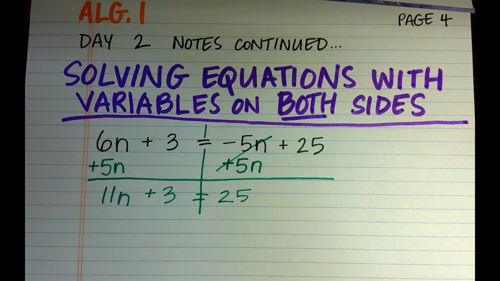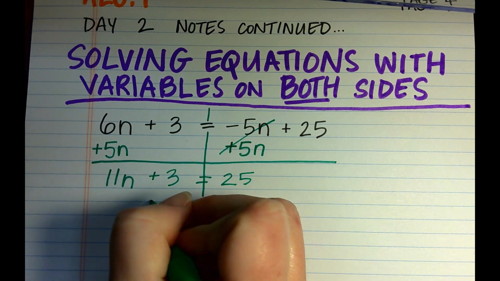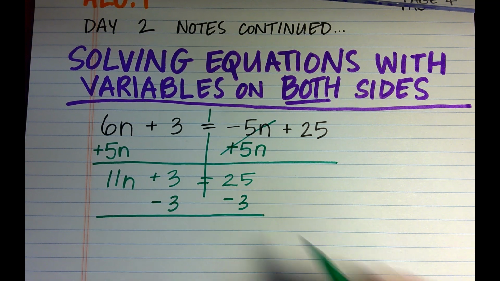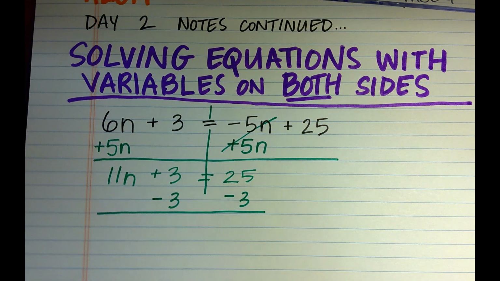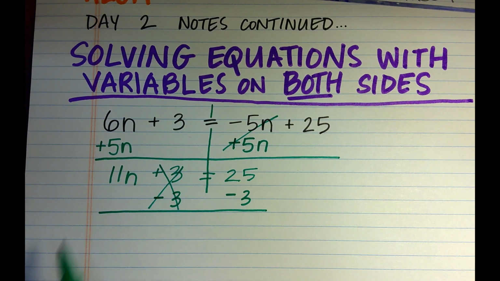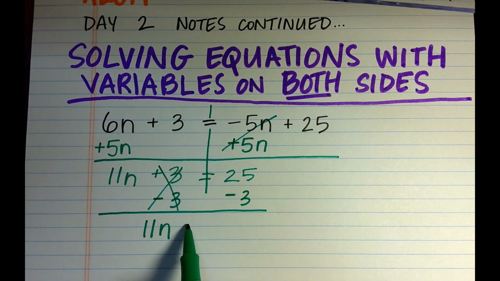Okay. So now I have an equation where all my variables are on the same side. What do I do next? Subtract 3 from both sides. Yes. And we know our 3's are going to cancel. So we'll bring everything down. I still have 11n over here that equals 22.